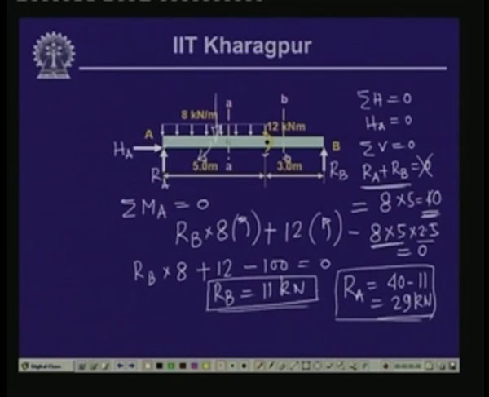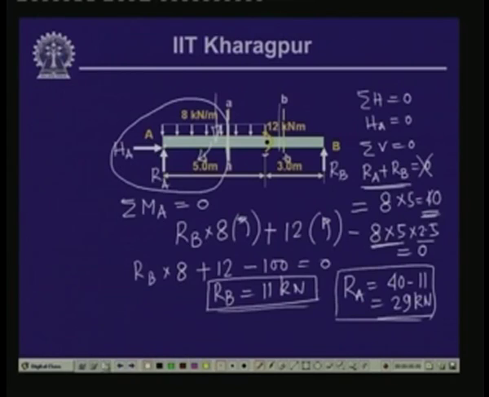Now, what we need to do is evaluate the shear force and bending moment at section AA and section BB. So, let us cut the beam at section AA and take the free body diagram of this part and see what values of shear force and bending moment we get.